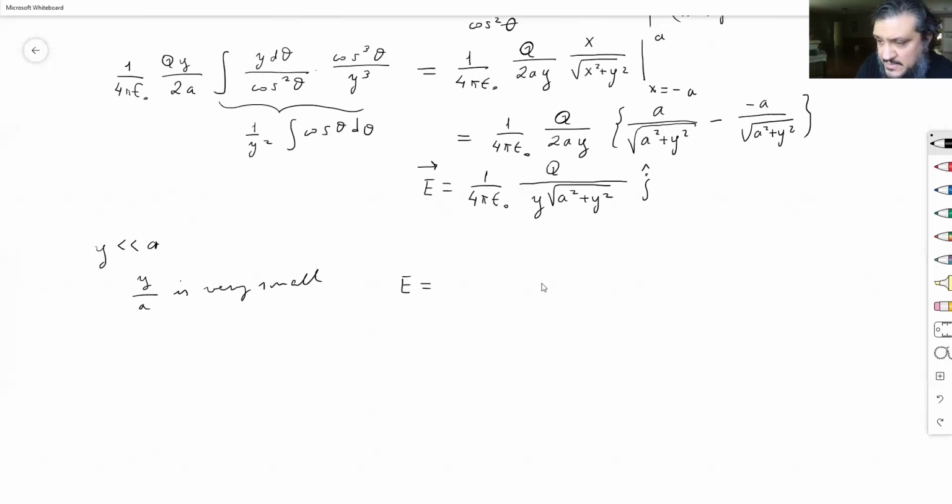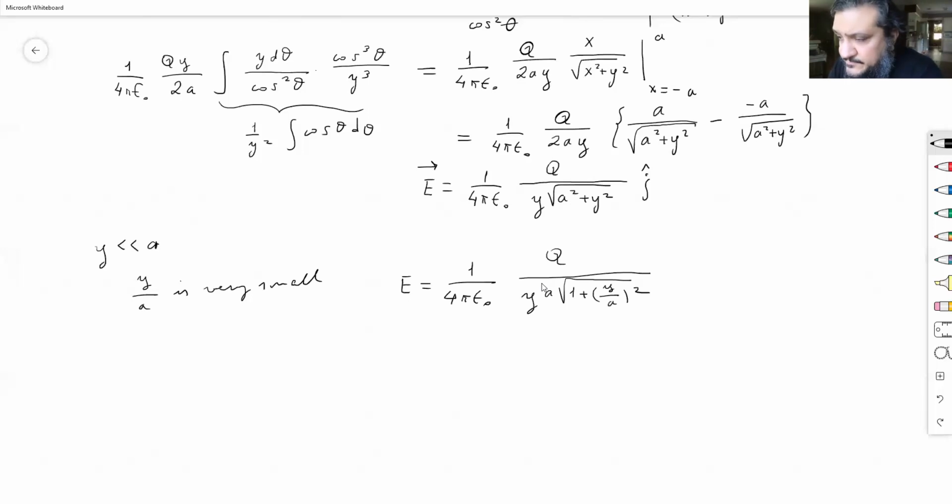So E can now be written as 1 over 4 pi epsilon 0 q over y times a square root of 1 plus y over a squared.